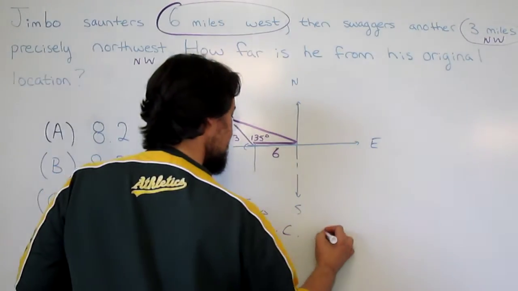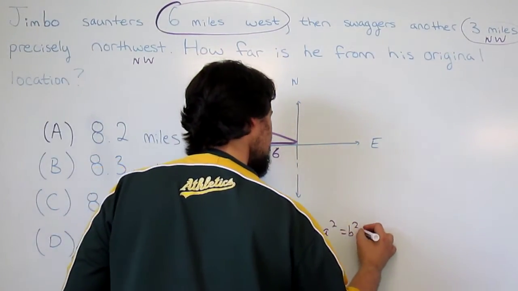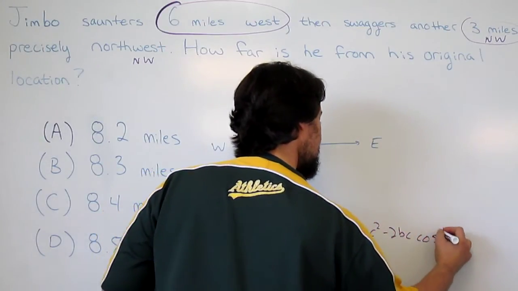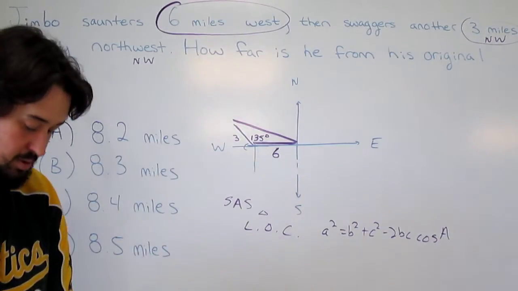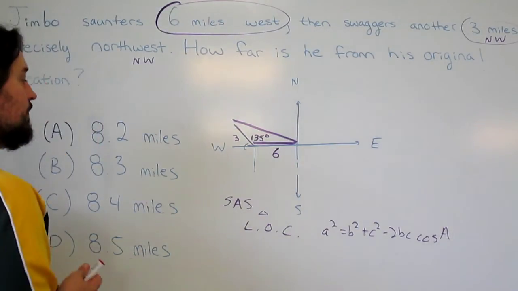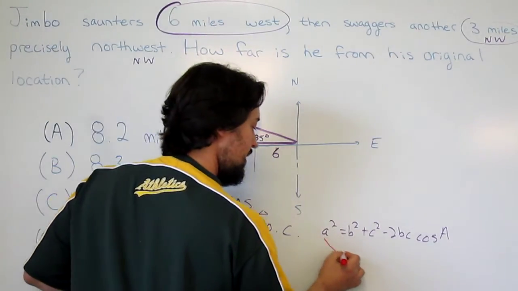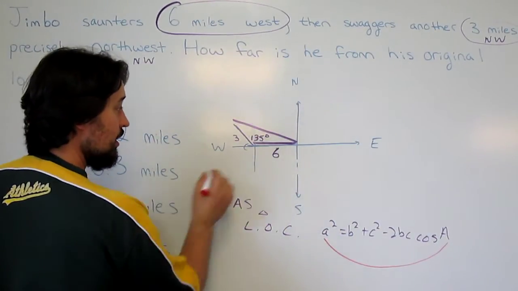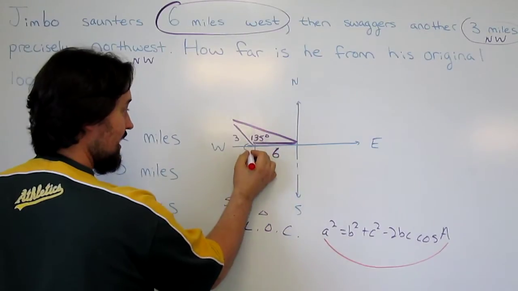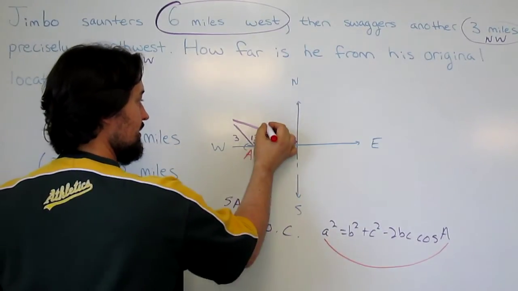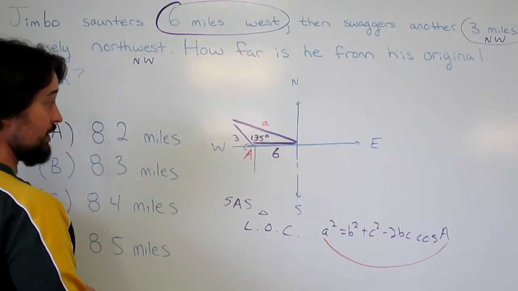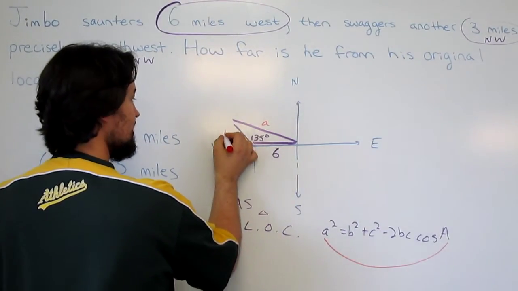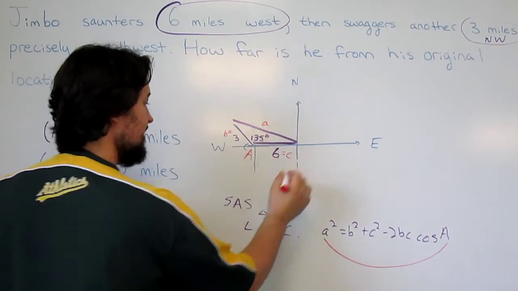The equation is a squared equals b squared plus c squared minus 2bc cosine of A. Notice, in the equation, little a is opposite capital A. Over here, opposite the angle, right? We'll call this 135 angle A, right? This is little side a, that's the mystery side we're looking for. Doesn't matter which one's B and which one's C. I'll just make this one B, this one C.